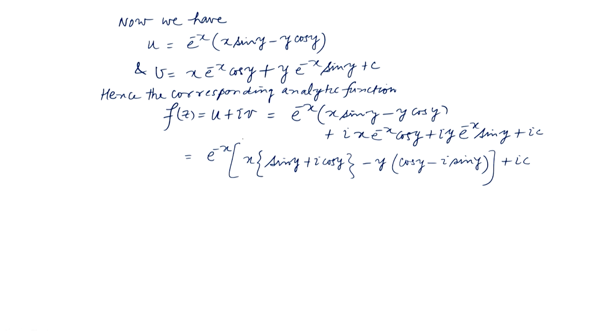Let us look at it again: e to the power minus x here, then x we take common from these two terms. So we get x times (sin y plus i cos y), and here we write minus y times (cos y minus i sin y), right.